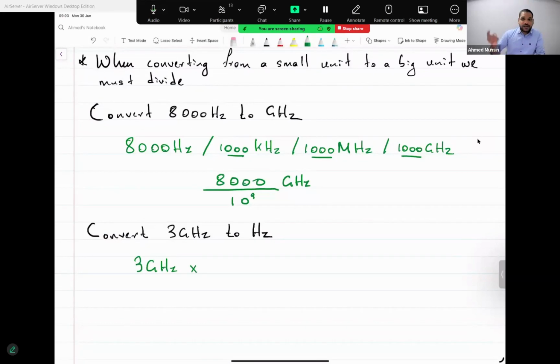So, gigahertz, what do you have below it? Megahertz, right? So how much? 1000. Multiplied by 1000 megahertz. Then from megahertz, where do we go? Kilohertz. Okay, then from here, where do we go?